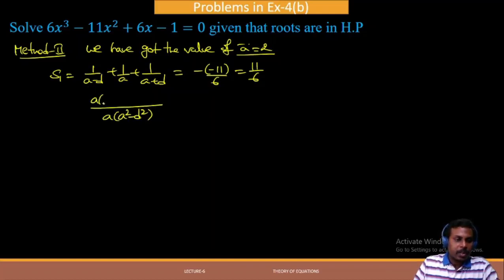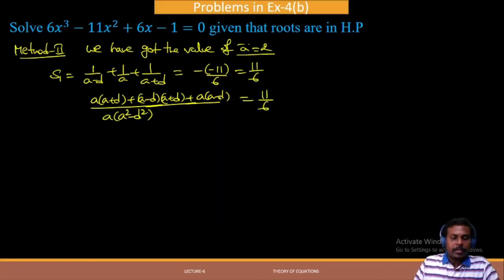So this becomes a into a plus d, and this is a minus d into a plus d, and this is a into a minus d, that is equal to 11 by 6.